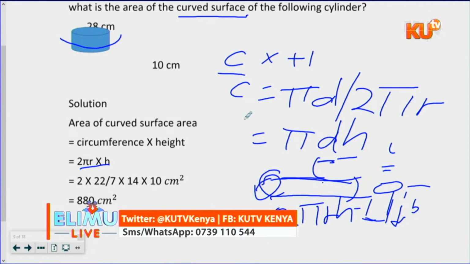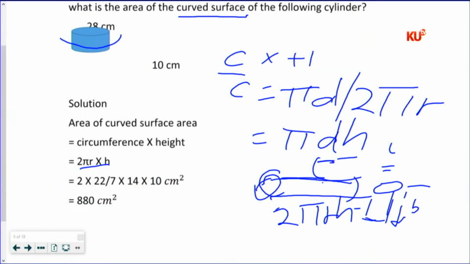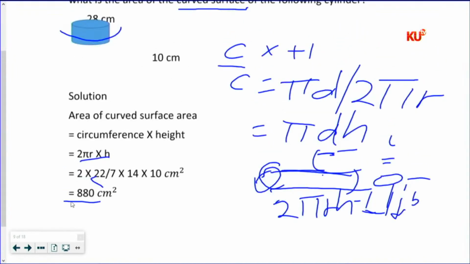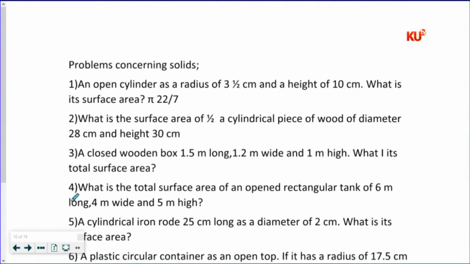So we'll have 2 times 22/7 times our radius, our diameter here, which is 1.4, times 10, and when we multiply these, they will give us 880. And that is the circumference of the curved part.